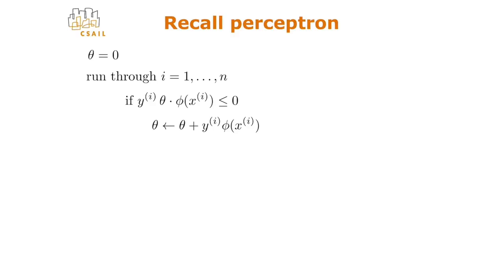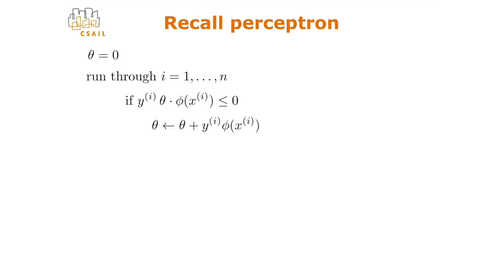So recall that perceptron initializes the parameter vector to 0, runs through training examples multiple times, but I've only displayed here one run through the training examples. We check if we make a mistake here without the offset parameter, again for simplicity: we take the training label and the linear prediction and ask whether they have a different sign.